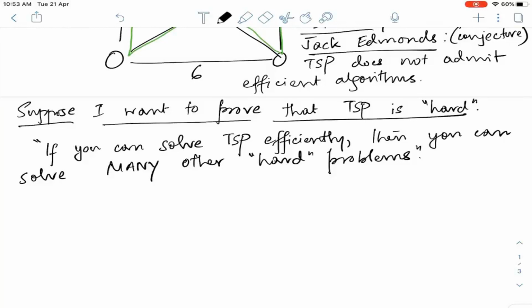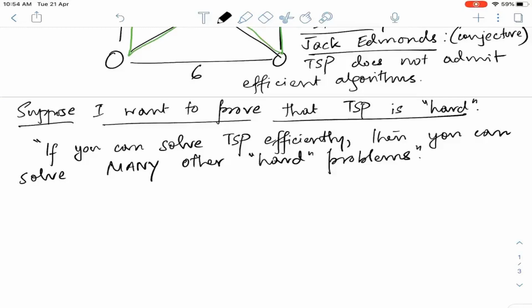So they are of the same status as TSP. Probably for all of them, you can find a brute force algorithm, just like you have found for TSP, but we are not able to find an efficient algorithm. The question is, can we prove a statement like the following: that any solution to TSP can be translated in polynomial time to a solution for those problems?